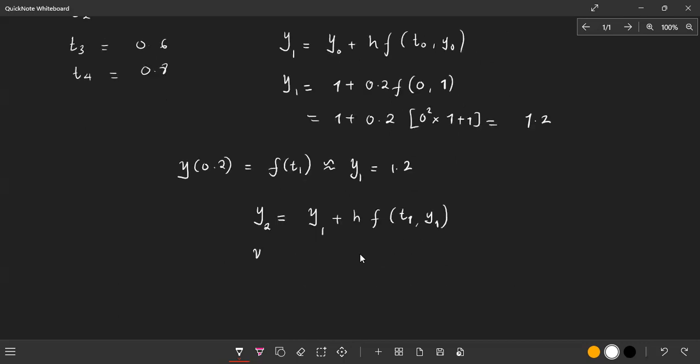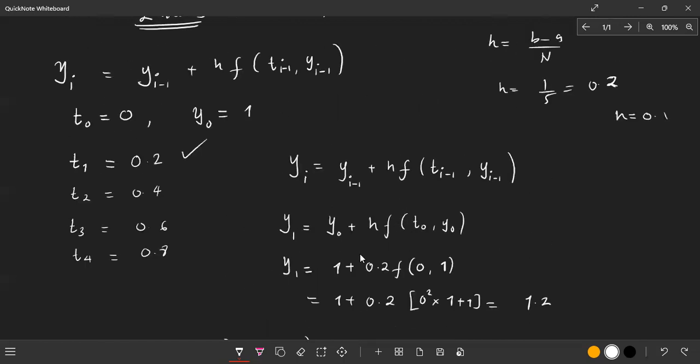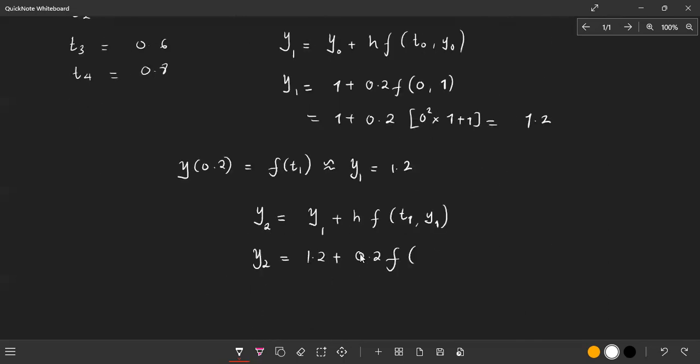So y2 will be equal to y1, which is 1.2, plus h, our h is 0.2, times f of t1. Remember that our t1 is the previous value of t, which is 0.2, comma, our y1, which is 1.2. So we're going to substitute these values.